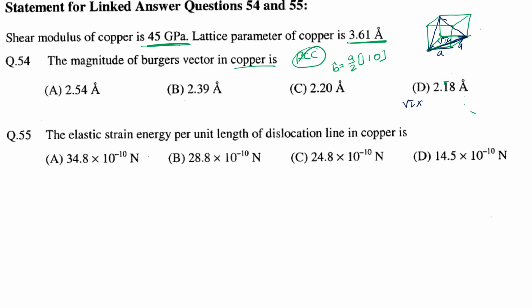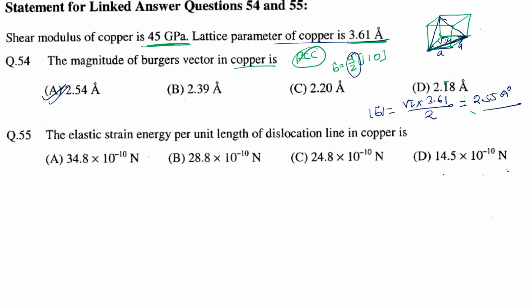A is the lattice parameter 3.61, and half of this will be the Burgers vector, a by 2 into root 2, right? I've done the calculation, it is 2.55 angstrom. So option A.